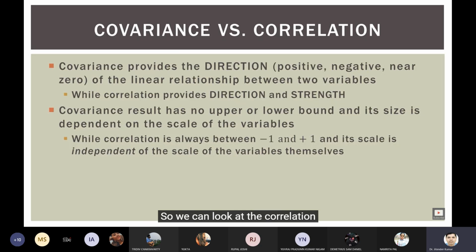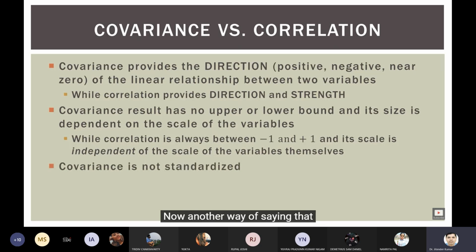So we could look at the correlation between the temperature outside and our energy usage in kilowatts, which are obviously in different measures. We can look at various relationships across variable pairs regardless of the units they're in. That's why correlation is very handy.